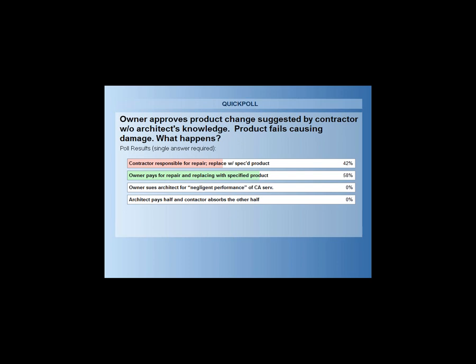So our poll results, most of the people say that the owner is going to pay, and that is followed by just a slightly smaller percentage of the people that are saying that the contractor is going to pay. And again, no one is picking items 3 and 4.